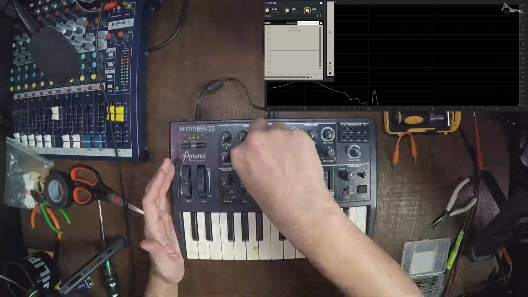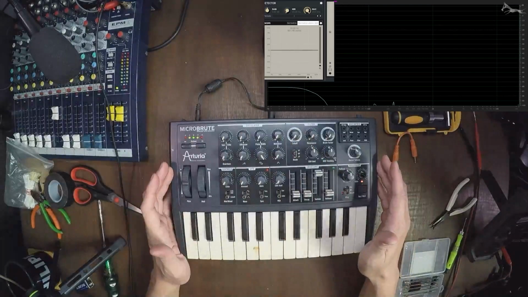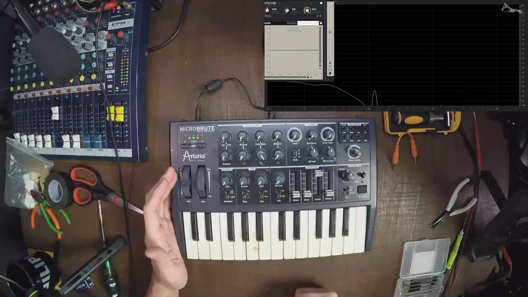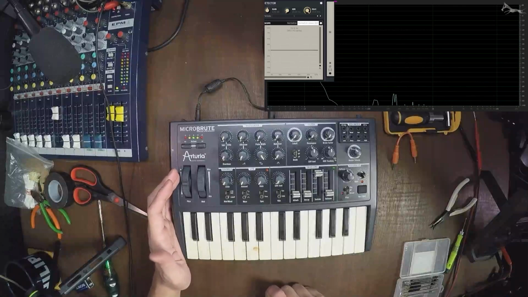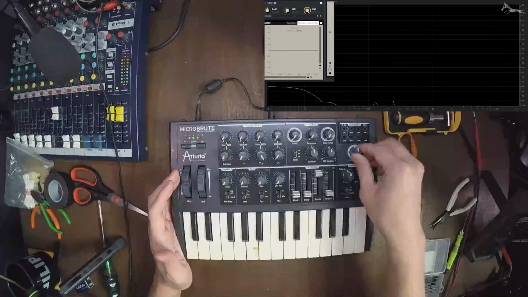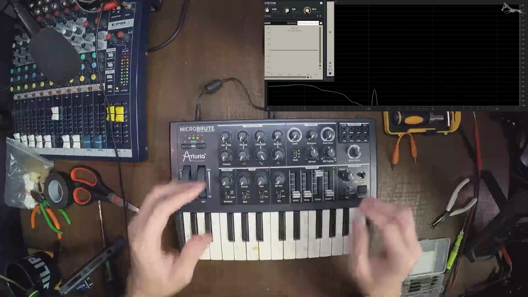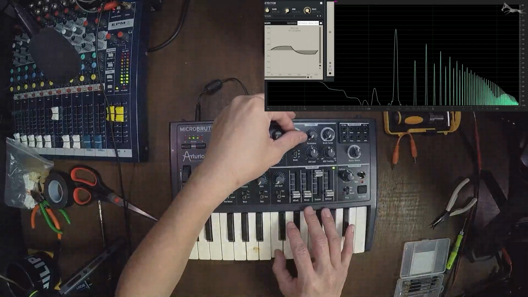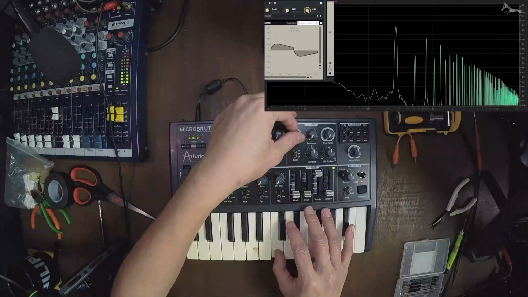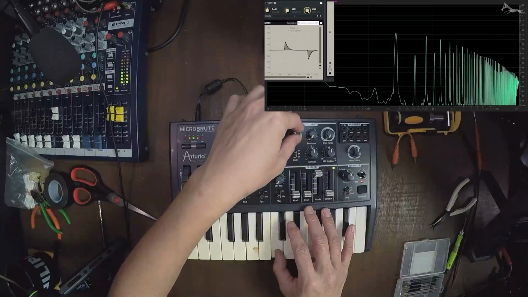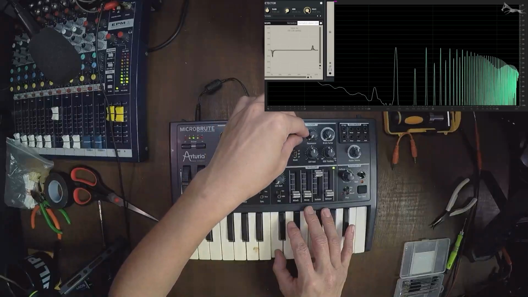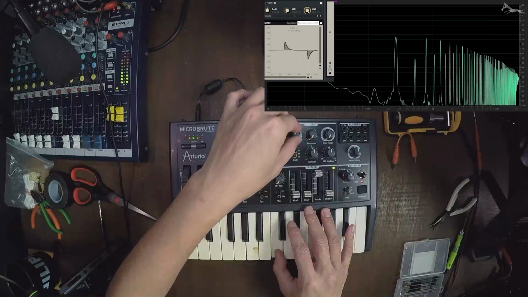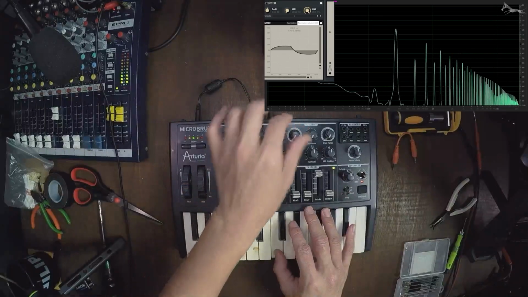Okay, let's try something with high harmonics or complex harmonics. Oh! We got sound. All right, let's try and sweep it. Oh, by golly.